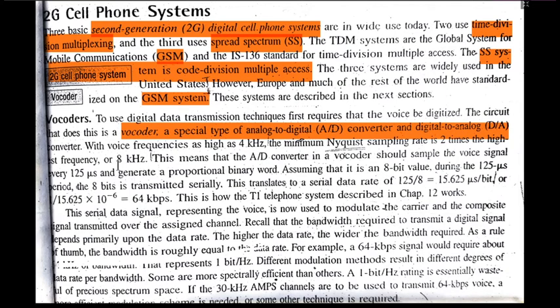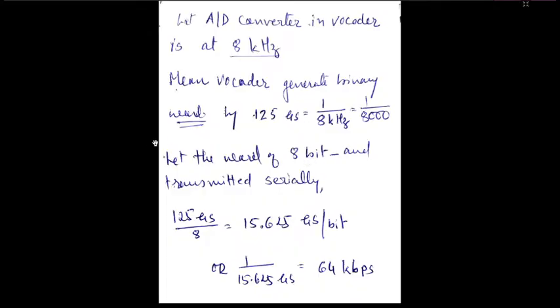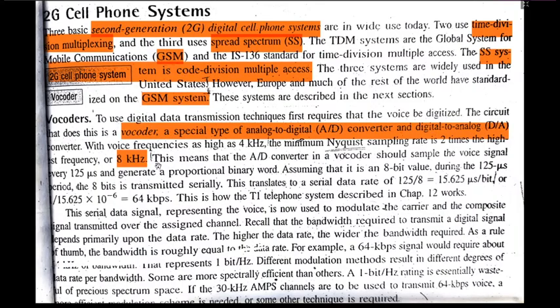So let us assume, as an example of voice code conversion, that the signal frequency is 8 kilohertz.